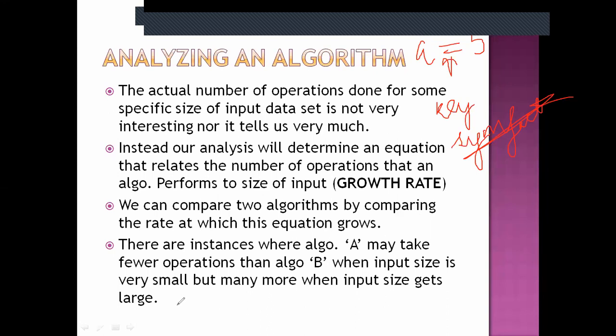Like in case of linear search, suppose I have given you some elements, and I'm saying find out whether 30 is present or not. What we do, we compare our 30 with 25, then with 12, and then with 13. So what is the main operation that we are performing? We are performing the comparison operation in that.